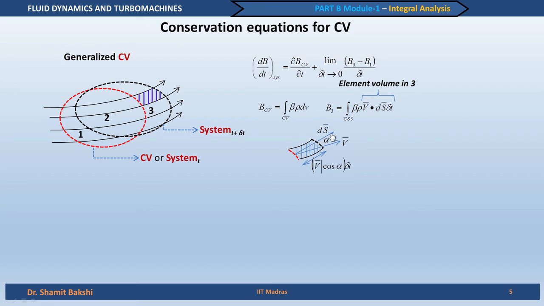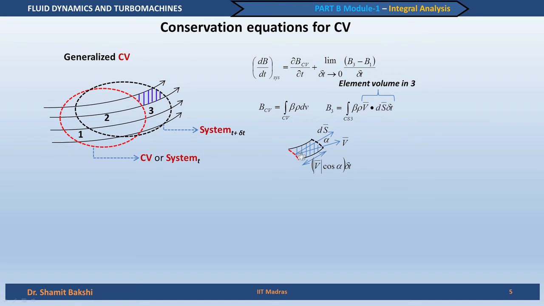What is the meaning of outward? This pertains to a control volume, so there is a region inside the control volume. The area vector will not orient itself towards the inside of the control volume, it will orient itself outwardly from the control volume. For example, if you go to this side, we will see soon that it will be oriented opposite to what is shown here, normal in the other direction.